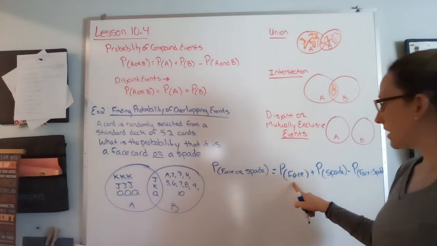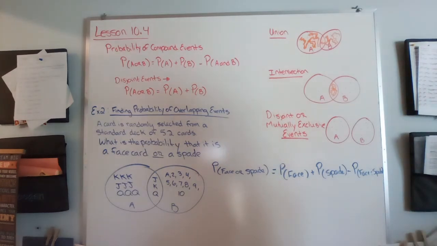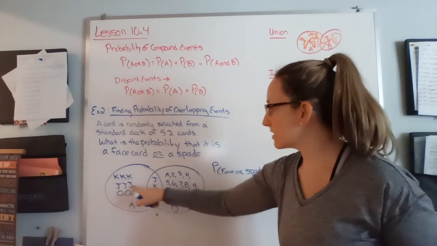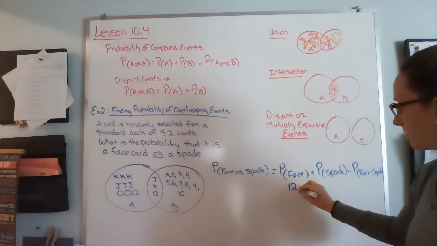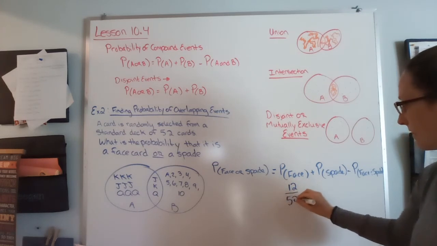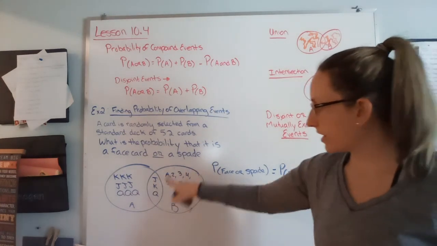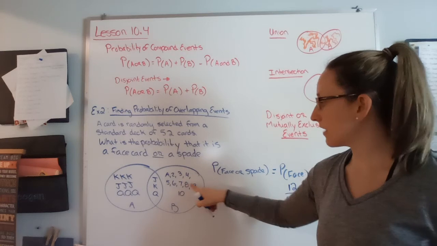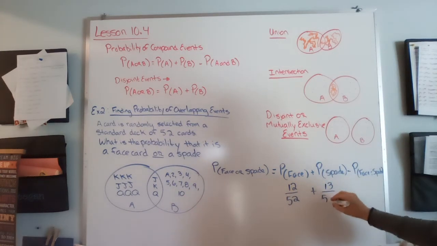So the probability of selecting a face, well, how many faces are there out of the whole deck? There are 12, right? 1, 2, 3, 4, 5, 6, 7, 8, 9, 10, 11, 12 out of 52. The probability of selecting a spade, well, how many spades are there? 1 through 13, so 13 out of 52.